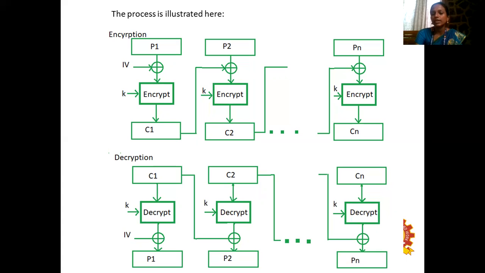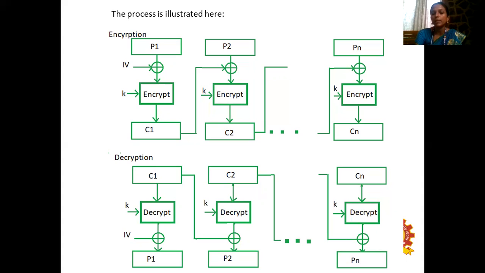When going to the next block, we take ciphertext 2 and decrypt it with the help of the key. The decrypted text is given as input to the XOR, and the other input comes from the previous ciphertext block, C1.